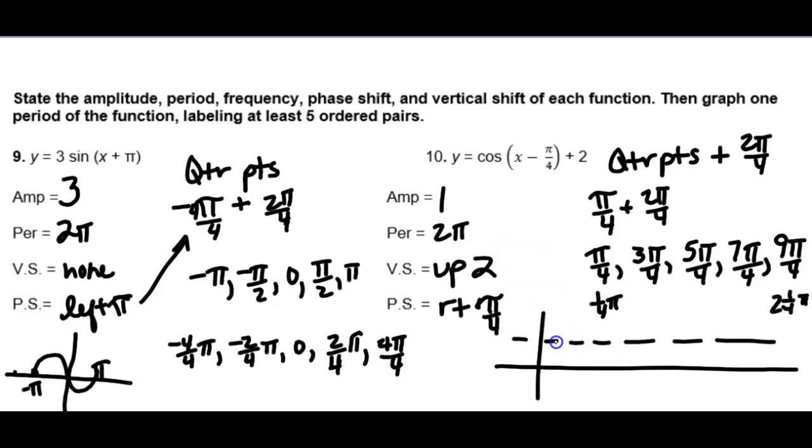And the amplitude, it was shifted to the right pi over 4, but it's a cosine graph, so it would start 1 unit above, this is 2, so 1 unit above that would be 3, 1 unit below that would be 1. It would start over here to the right pi over 4.